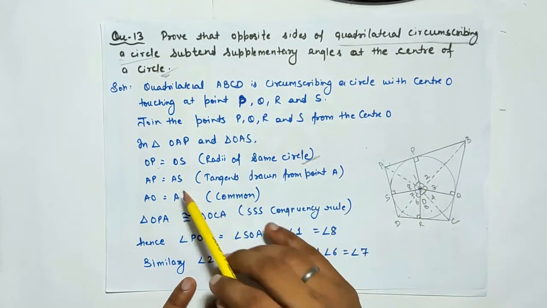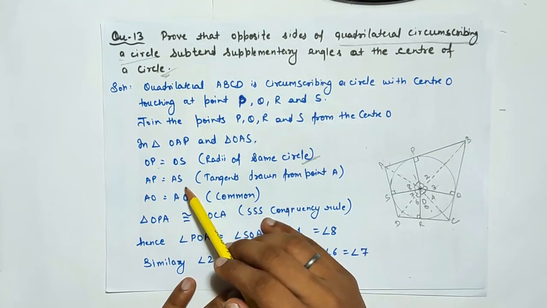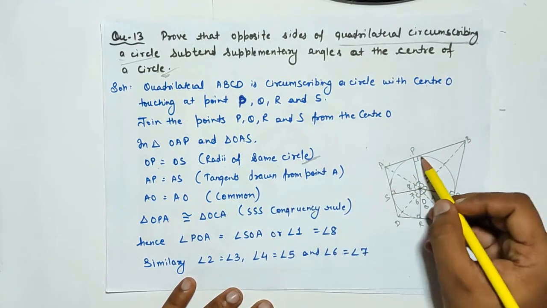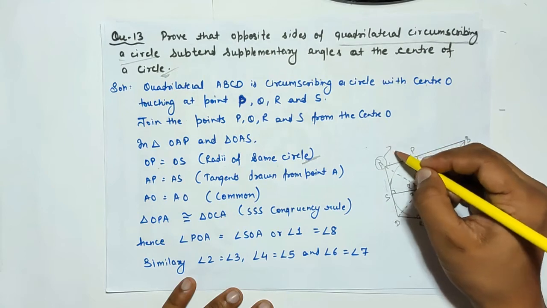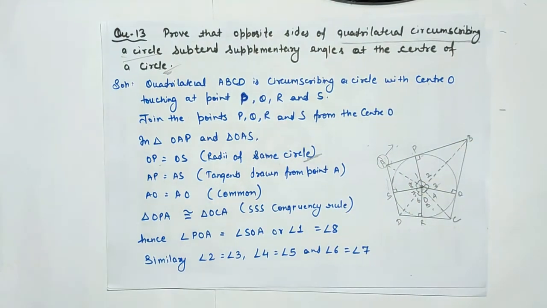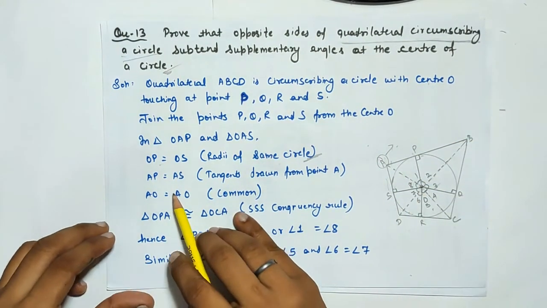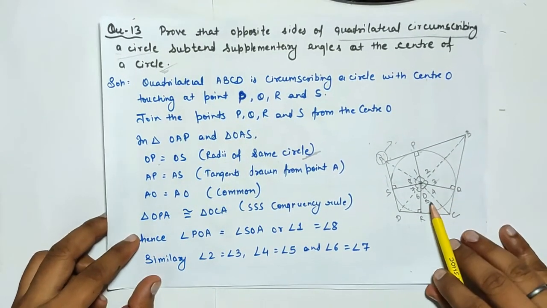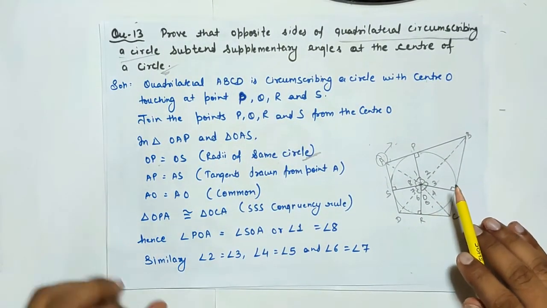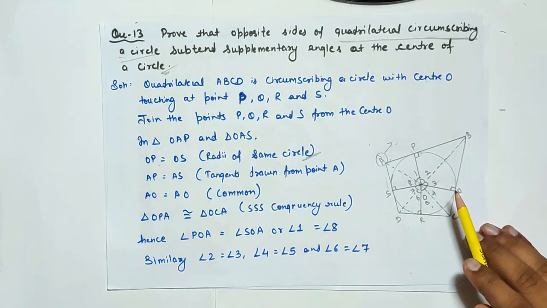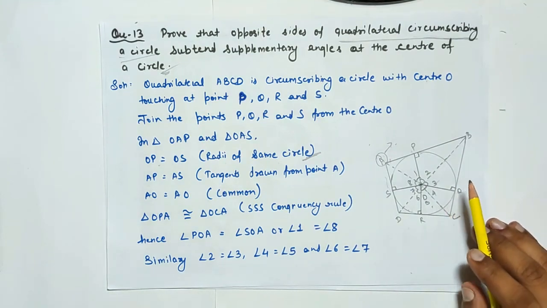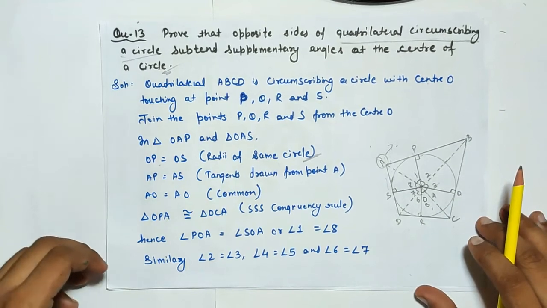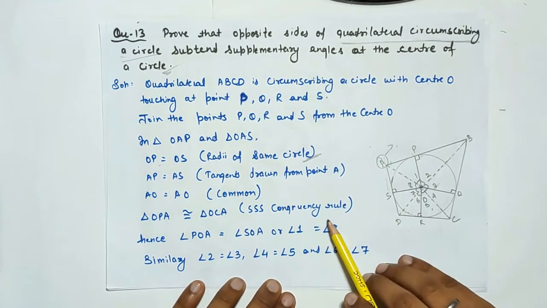AP is equal to AS because tangents drawn from an external point are the same. AO and AO are common. Triangle OPA is congruent to triangle OSA by SSS congruency rule.